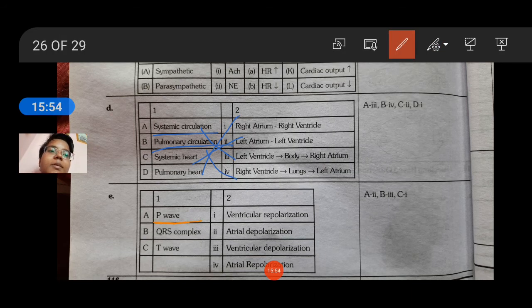P wave represents atrial depolarization, QRS complex represents ventricular depolarization, and T wave represents ventricular repolarization.